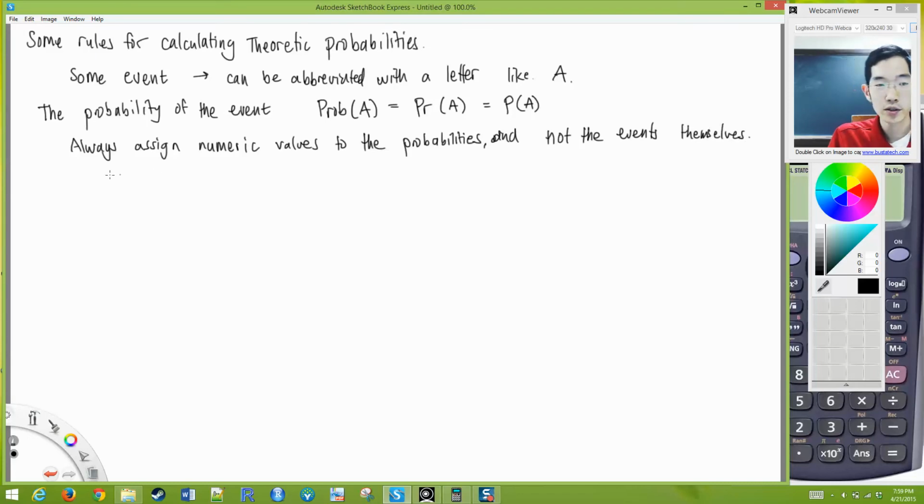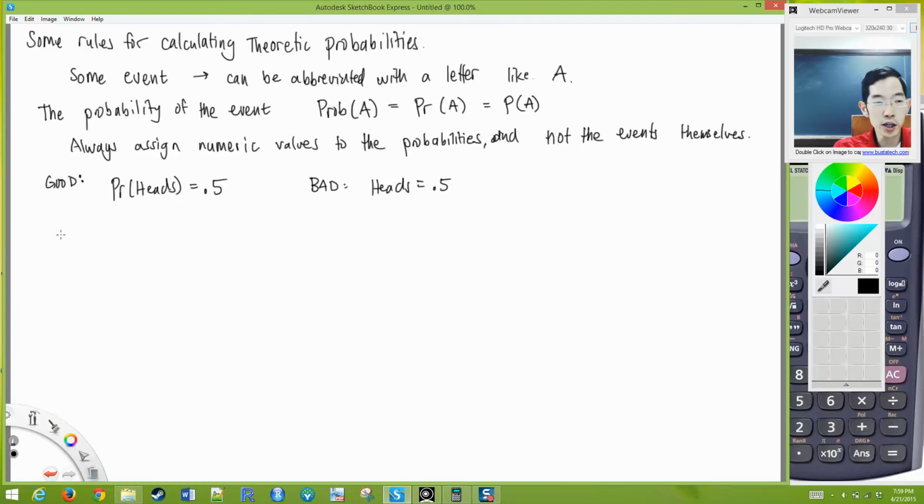Okay, so good to write probability of heads equals 0.5. That's good. Bad to write heads equals 0.5, because coin landing heads is not 0.5, it's the probability that the coin lands heads is 0.5, okay?